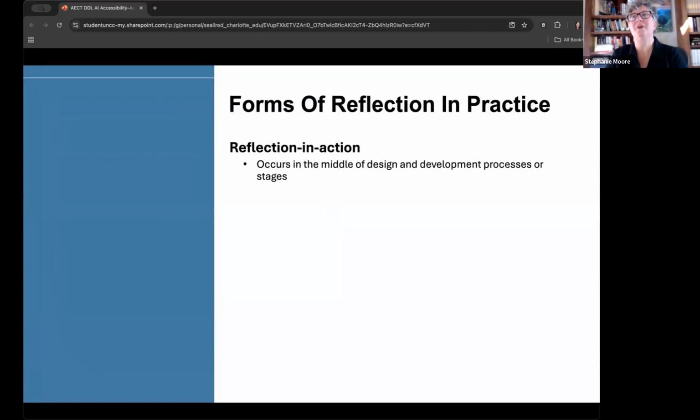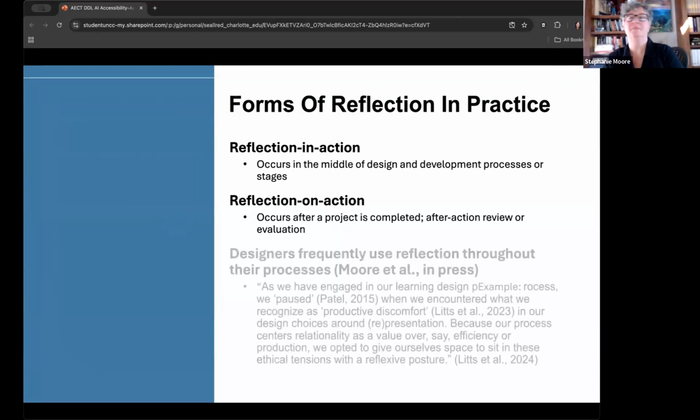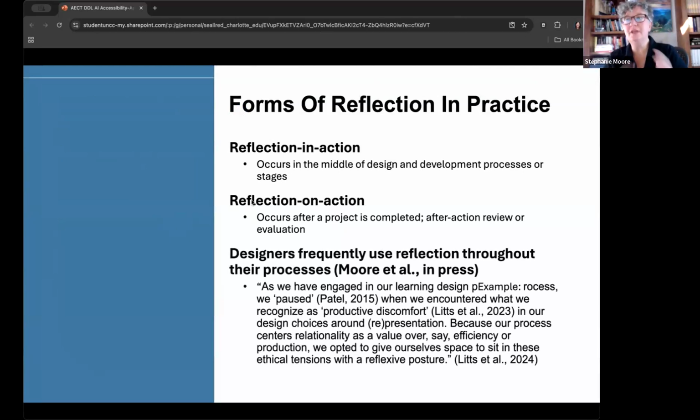Okay, Beth. So forms of reflection in practice: there's reflection in action. Like I said, this occurs in the middle of the design, development, or process stages. And then there is reflection on action, that occurs after the fact. Designers frequently use reflection throughout their processes. So I mentioned earlier this study with Ahmed and Victoria, and I pulled this example from a designer where we were asking them about ethics in their work.